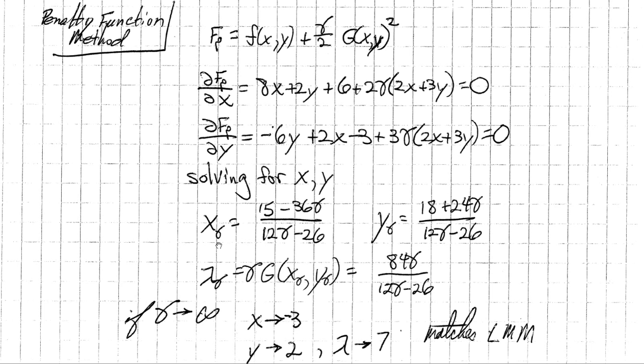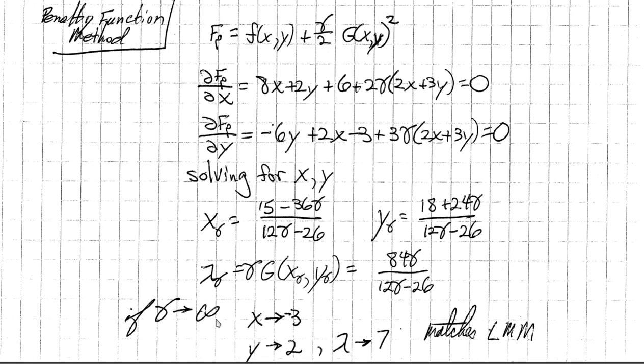So what's interesting is if gamma goes to infinity, being very large hydrostatic pressure, if this was a fluid problem, x goes to -3, y goes to 2, lambda goes to 7. Matches Lagrange multiplier. So in the limit, as gamma becomes very large, this becomes exact.